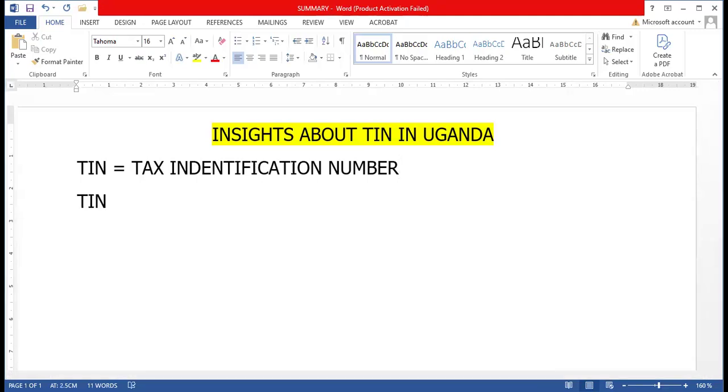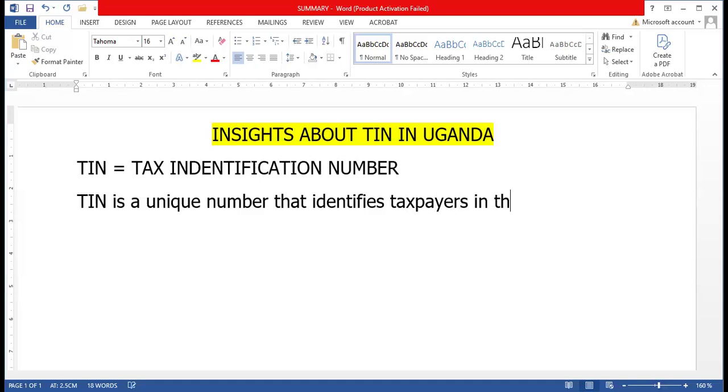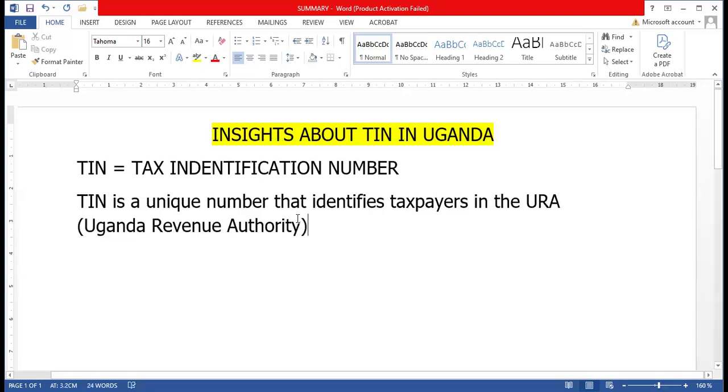TIN is a unique number that identifies taxpayers in the URA, that is Uganda Revenue Authority tax register.